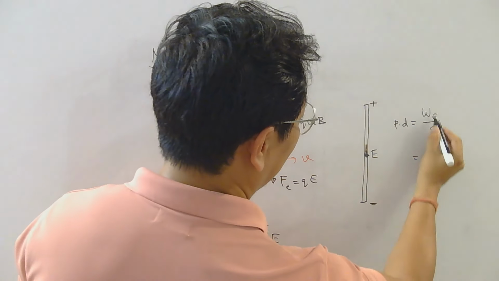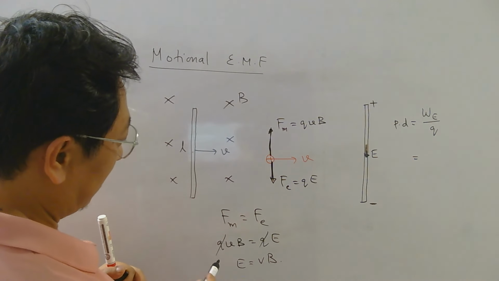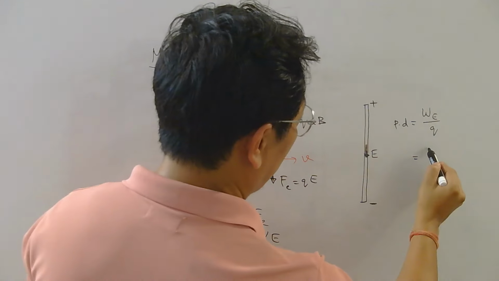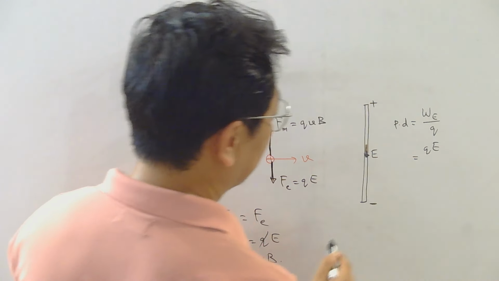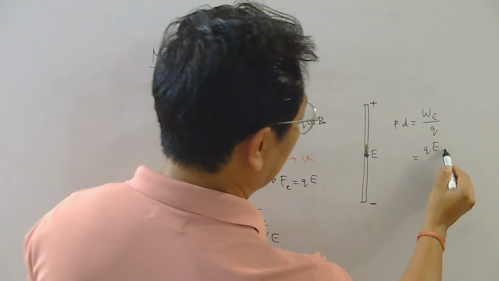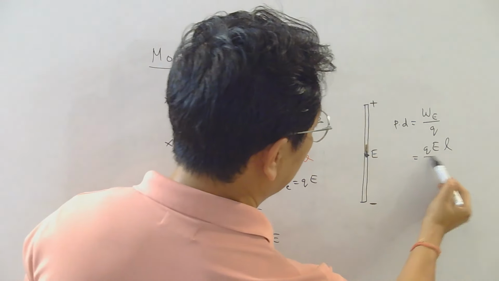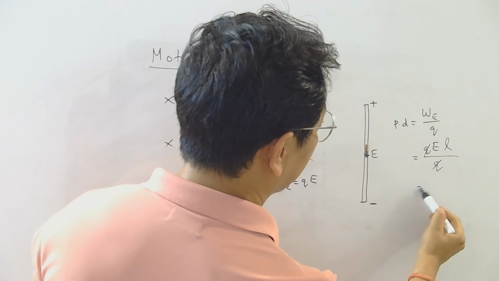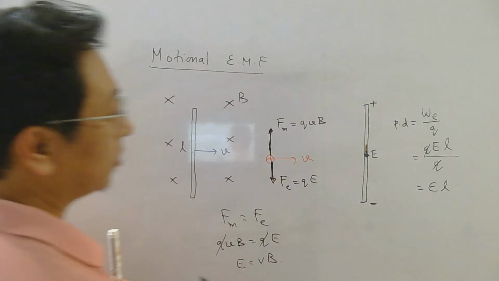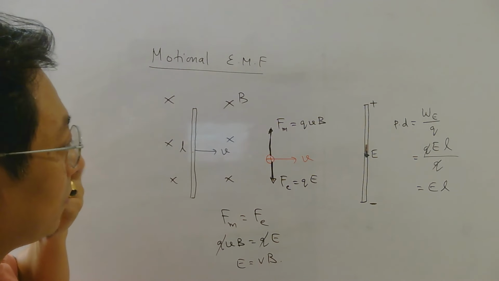And that is force dot displacement. Force is Q into E, it's constant, so no need to use integration, and the distance from here to here is the length of the rod. So force times displacement is the work done on the charge. So this is the potential difference, isn't it?